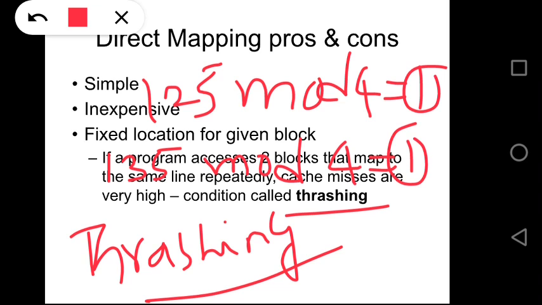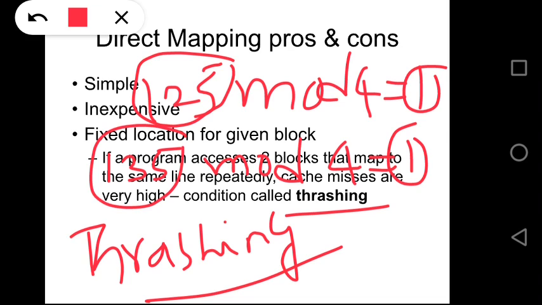So the value is the same. But what happens if the program wants to access both block 125 and block 135 at the same time? These two have to be present in the cache memory at the same time, which is not possible because they lead to the same value, that is 1. So only one of them can be present in the cache.